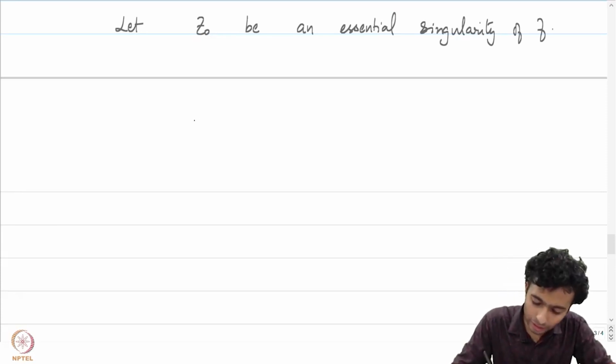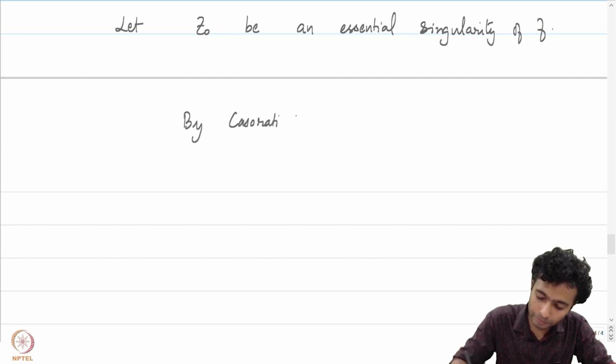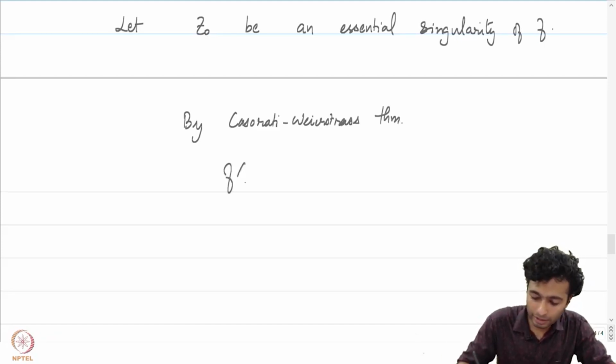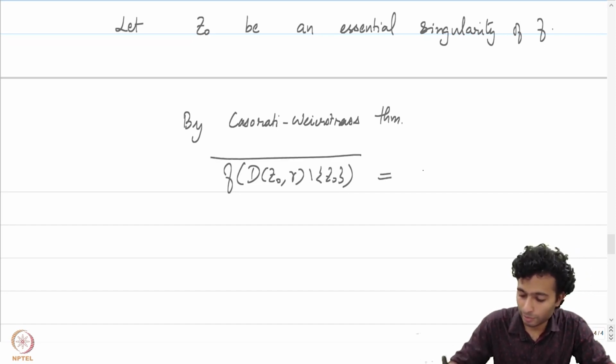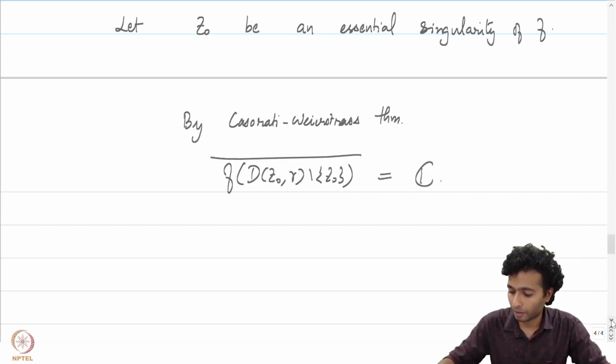So hence, by Casorati-Weierstrass theorem, again let me just write the statement down: f of D(z0, r) minus z0, if you look at this function's closure, that is going to be equal to C.